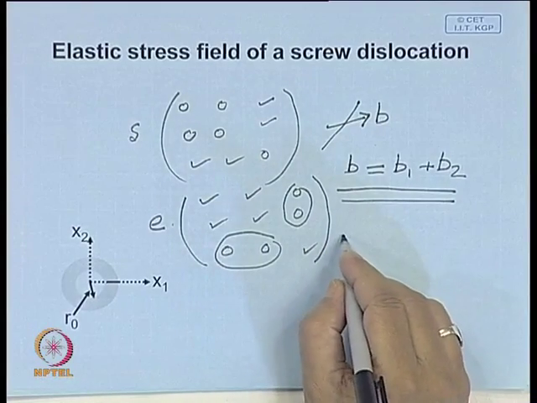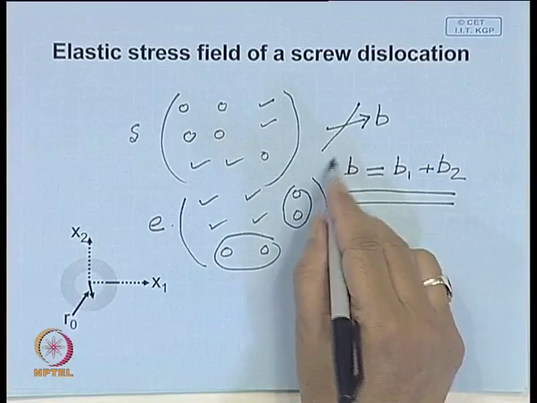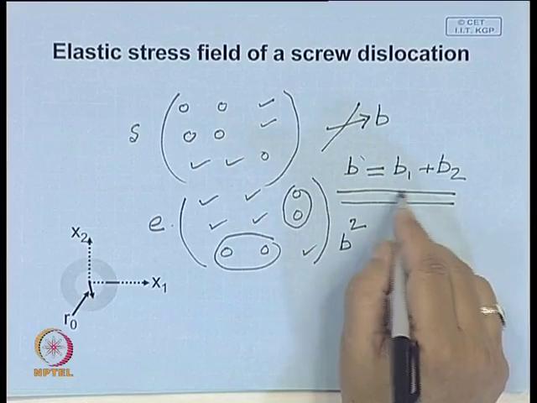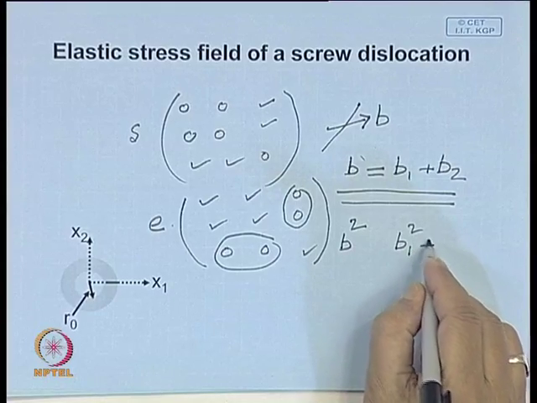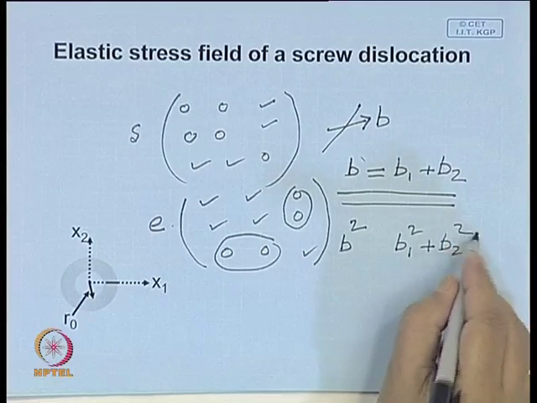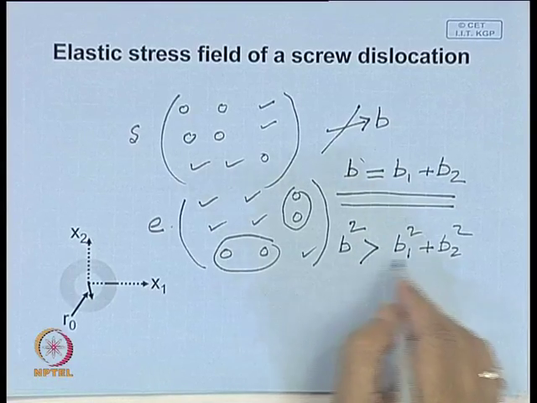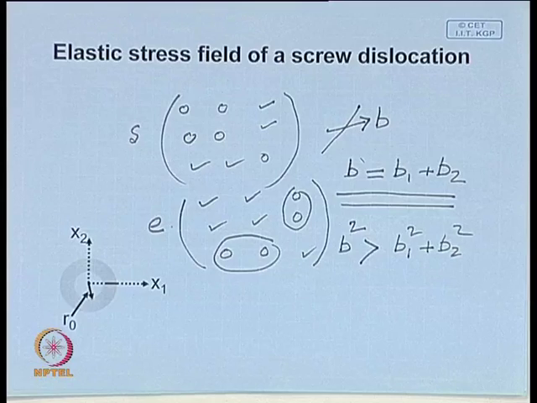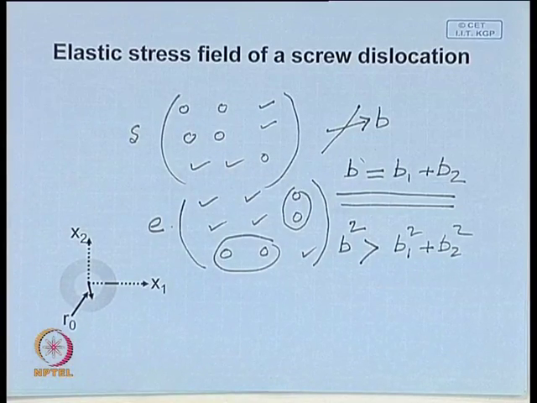We check b square, which roughly gives the energy of this dislocation, and the product dislocation energy, b 1 square plus b 2 square. If there is a reduction in energy, that is, if b square is greater than this, then the reaction will be favorable, and we will often use this concept to explain dislocation interaction.